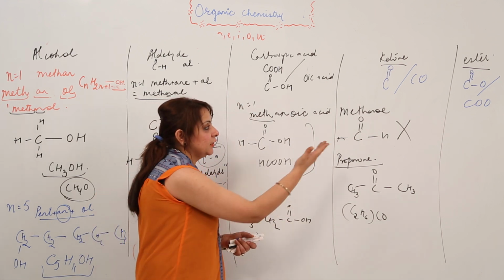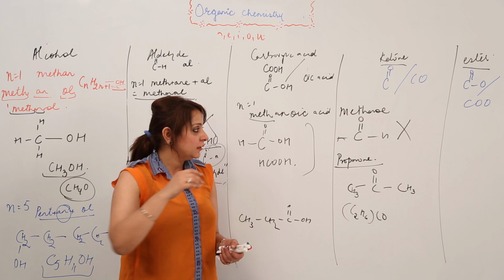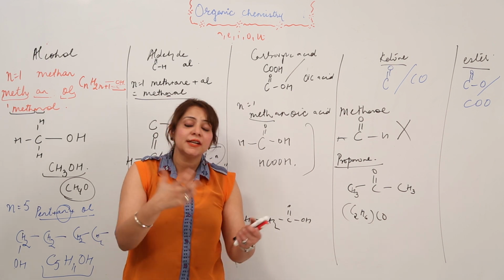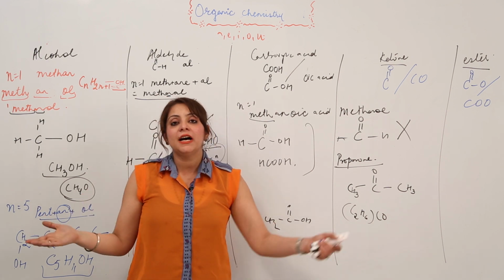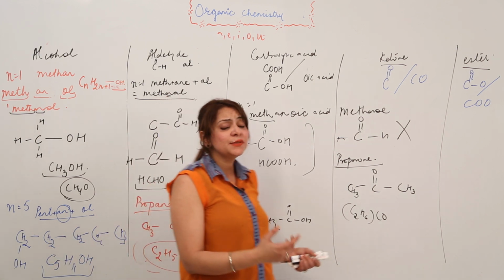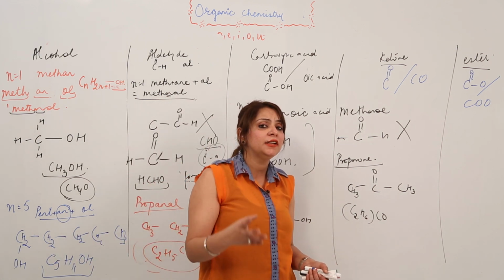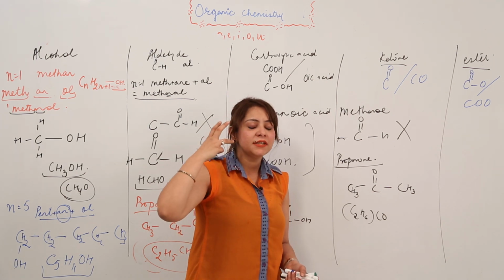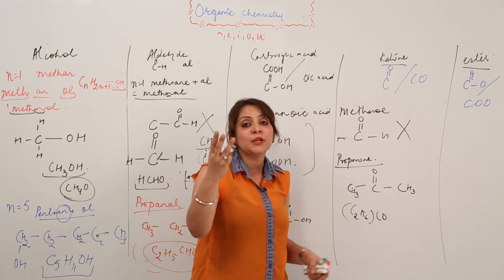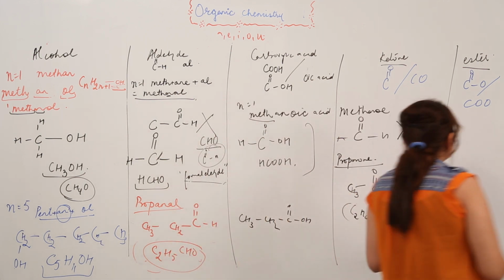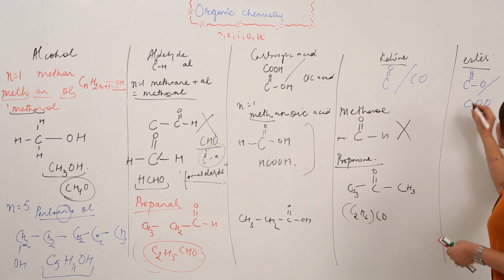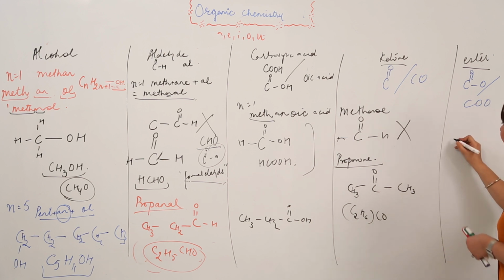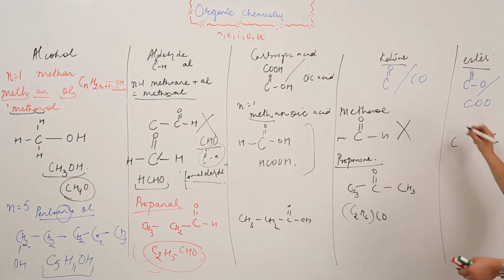So I think it's clear now. The main important issue is that it needs to be attached in such a way that it gets a minimum of one carbon on each side. That is why its first member is not methanone, not ethanone, it is propanone. That means the word root starts with 3 at least. Similarly for ester, a minimum of 3 carbons is required, so it becomes propanoate.